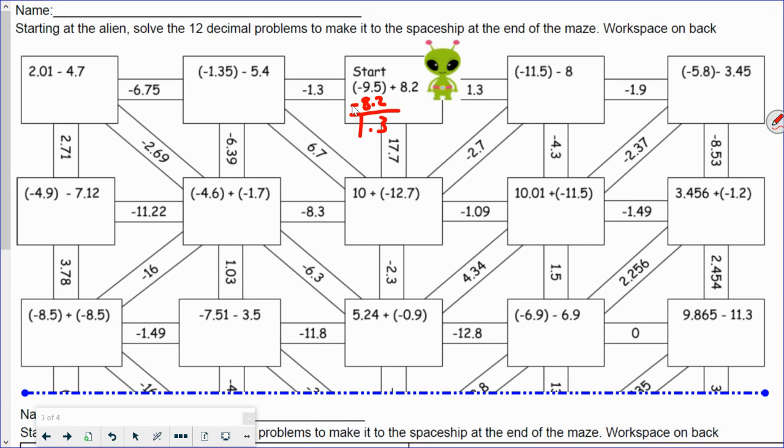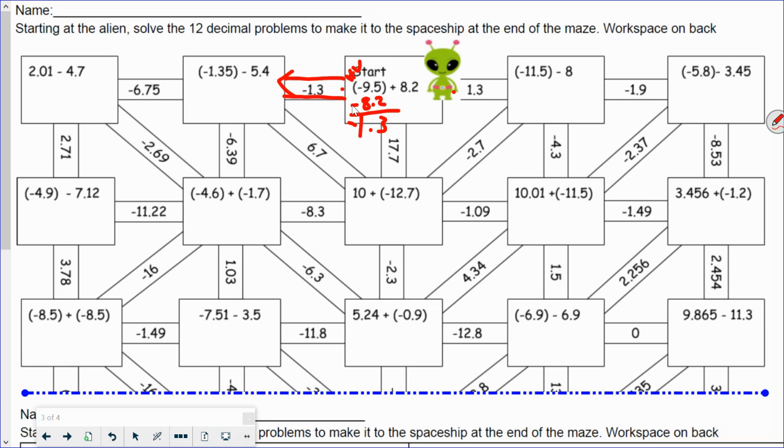Well, if you look, we have 2 of those, so we need to see, is this a negative or positive? Well, my higher value is a negative, so that means I'm going to go this way to the left. Got it?